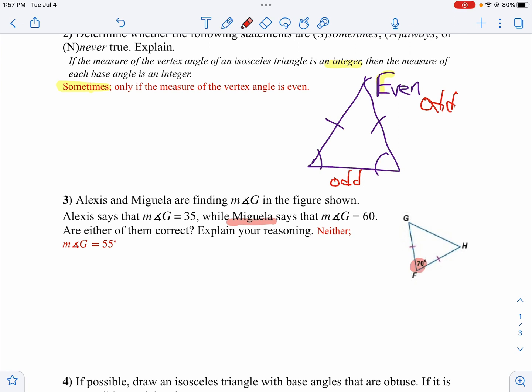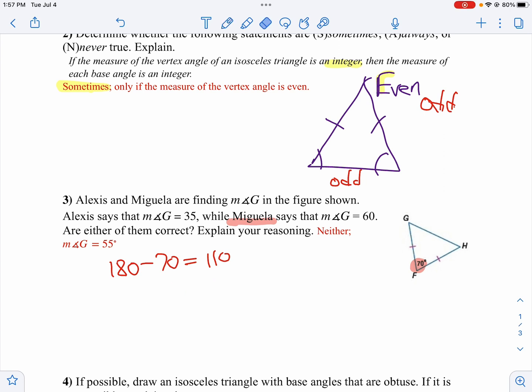Now let's find the measure of angle G, kind of like how we described in example 2. I take 180. I'm going to subtract my vertex angle, which is 70. Well, that would be 110. So I know angle G plus angle H. Let's rewrite that.